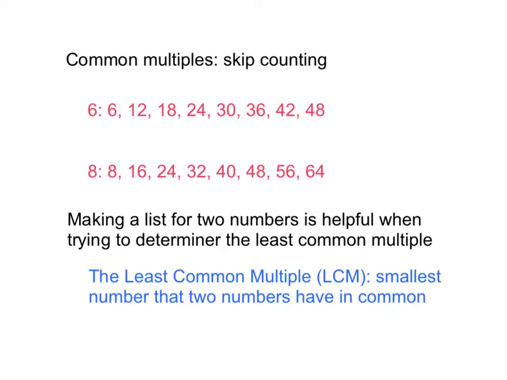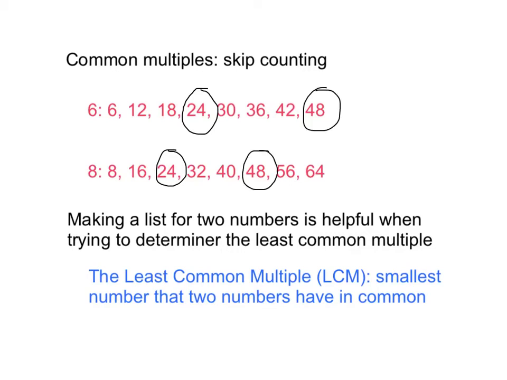Finally, when we're trying to decide what the least common multiple is, which is your main objective for this lesson, you would still continue finding all the common multiples of numbers, but your least common multiple is the smallest number that two numbers have in common. So going back to my example, I know that both 6 and 8 have common multiples of 24 and of 48.